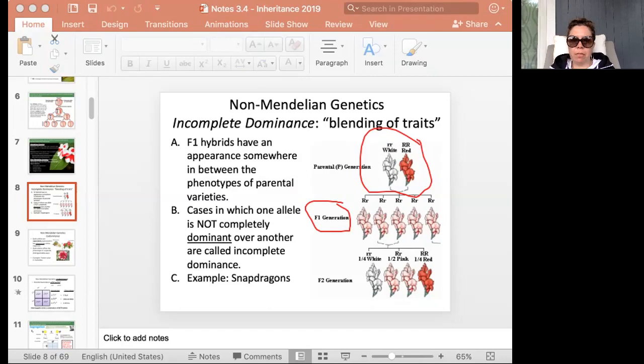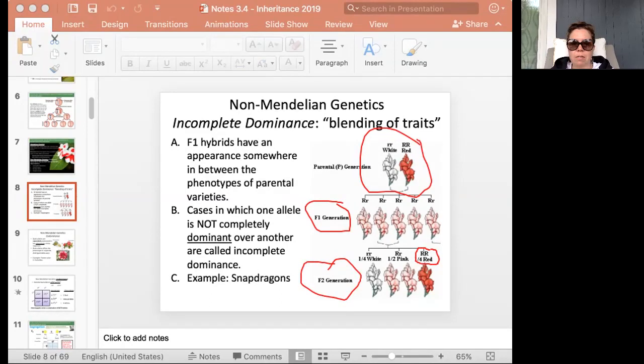Now, if we do another cross and do an F2 generation, we get back to kind of our standard ratio. Well, not standard ratio, but we can see where all the phenotypes are visible. Phenotypes is a new word for you guys: the physical traits, in this case flower color. We have a 1/4 chance of getting red, our homozygous dominant.